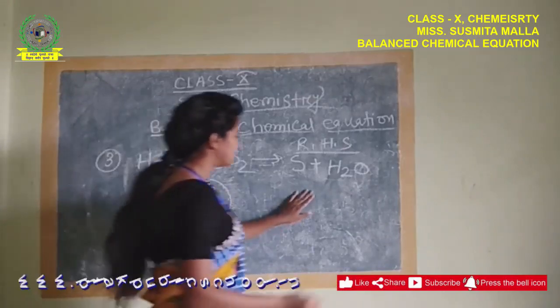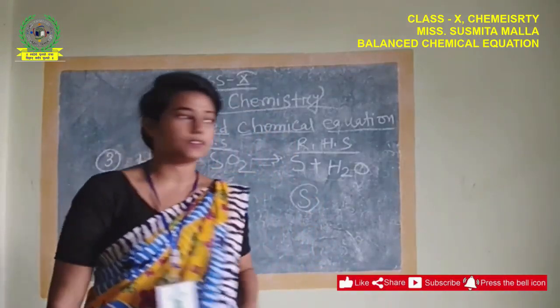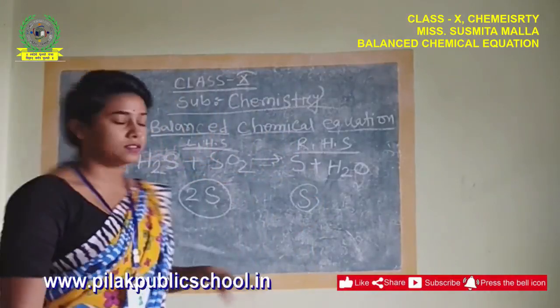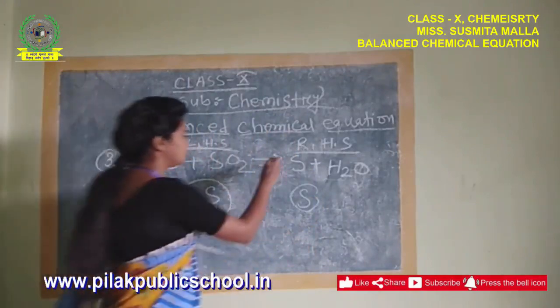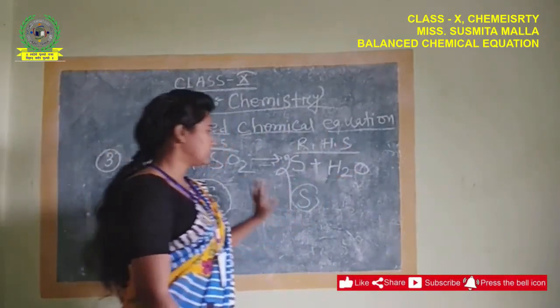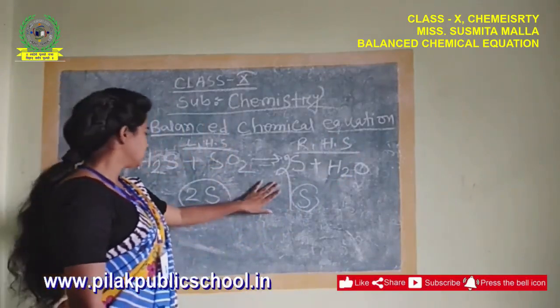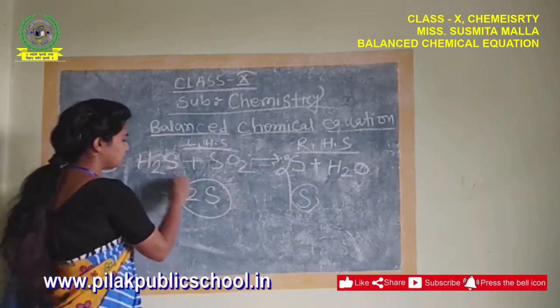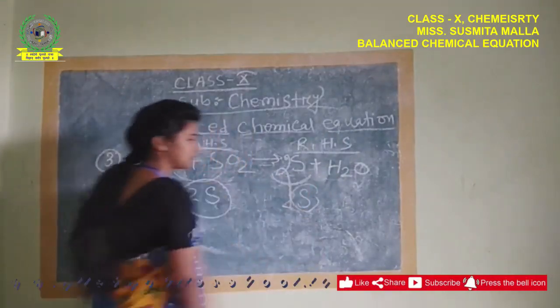On the right hand side there is only 1 molecule of sulfur. So we balance the non-metal element, sulfur. We put 2 on the right hand side of the chemical reaction. Now there are 2 molecules of sulfur on each side.